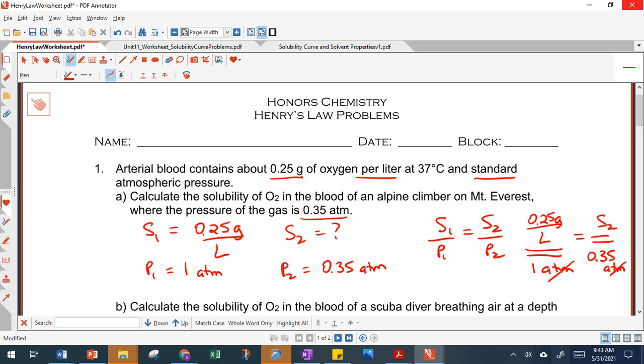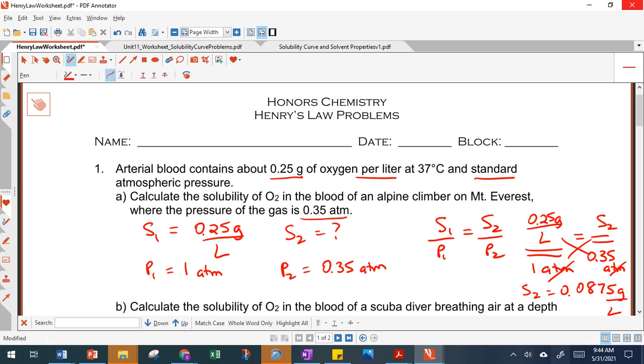When we cross multiply, S2 is going to be 0.25 times 0.35, which gives us 0.0875 grams per liter.